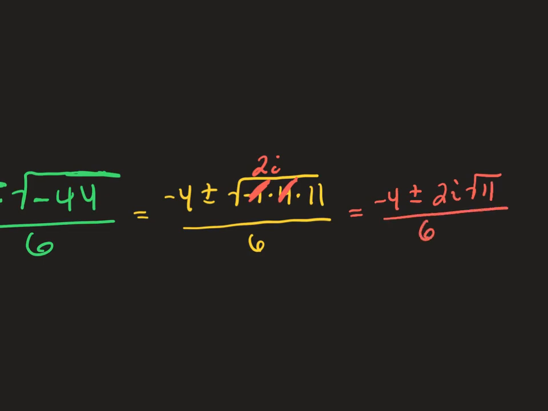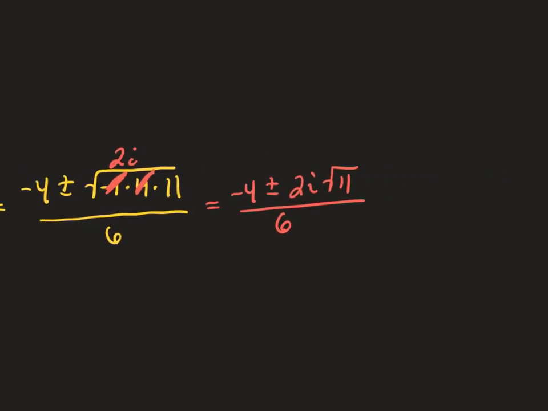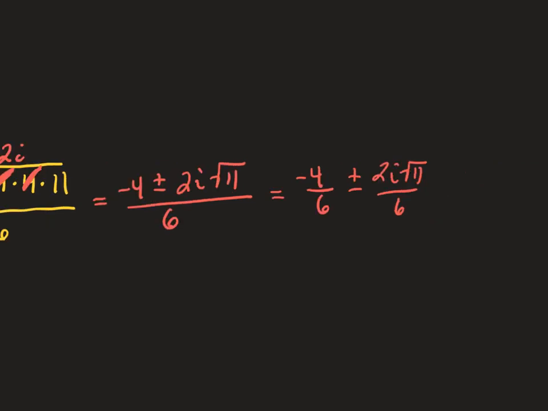And then this is where we make silly mistakes. I'm just telling you how I would do it to make sure I simplify correctly. I would separate this, I can rewrite this like this. What does negative 4 over 6 simplify to? Negative 2/3.